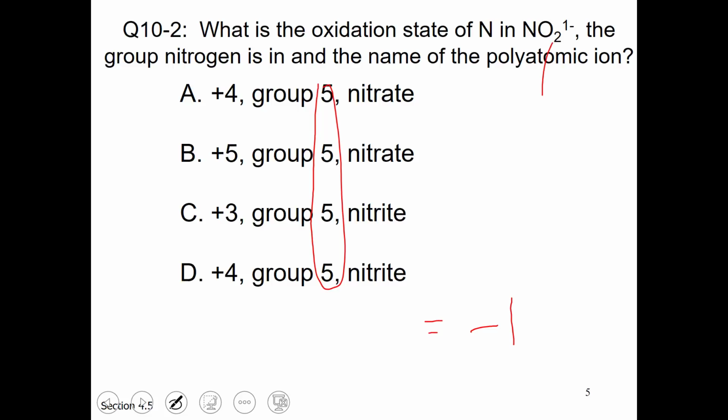Each oxygen is a -2, so that gives me a -4. So something -4 gives us a -1. I hope you believe that's a +3. And it certainly is. So since the oxidation state is +3, but the group is 5, we have an ending of -ite.